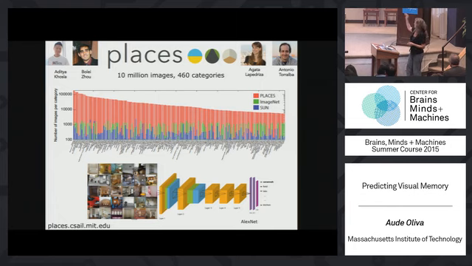So here is just a snapshot of the differences of the places in terms of the number of exemplars over a large data set.